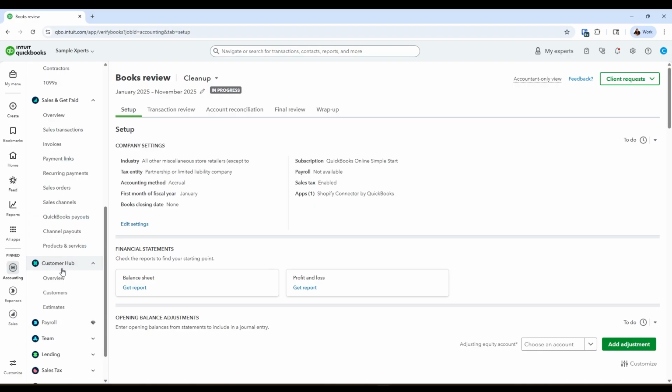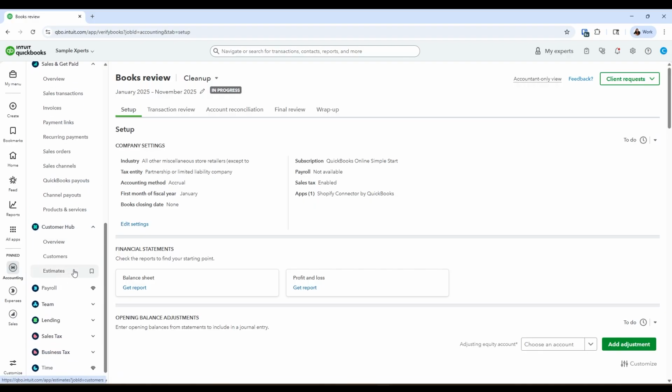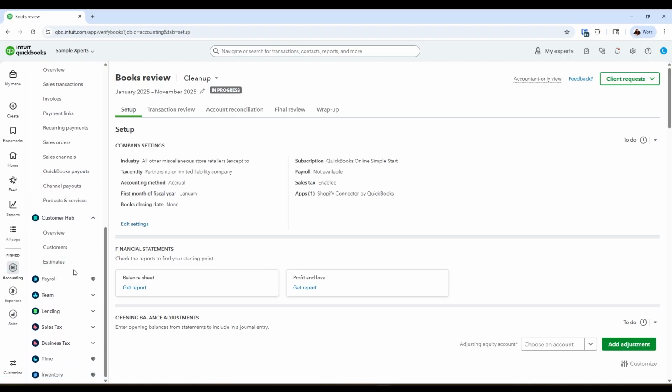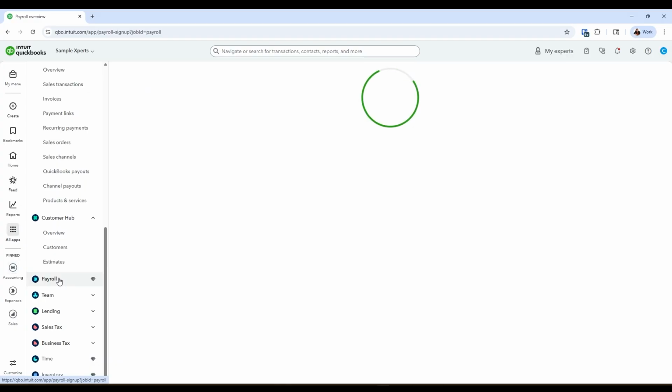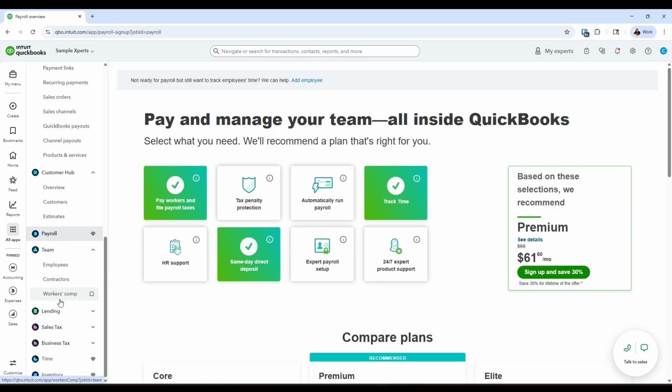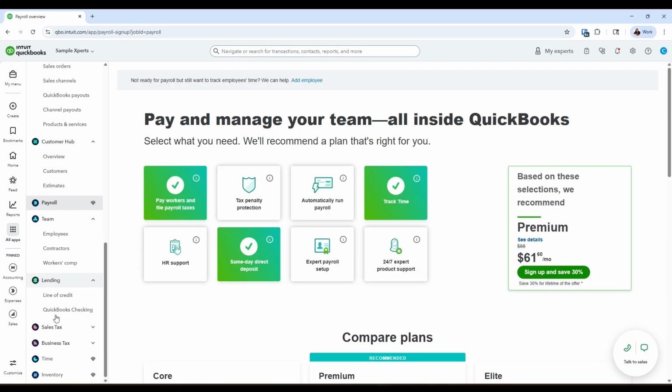Okay, customer hub, you have your customers and estimates. Payroll, anything about payroll. Team, you have your employees, contractors, workers, and lending for those of you who want to lend money from QuickBooks, which is available through a line of credit, or if you have a QuickBooks checking account.